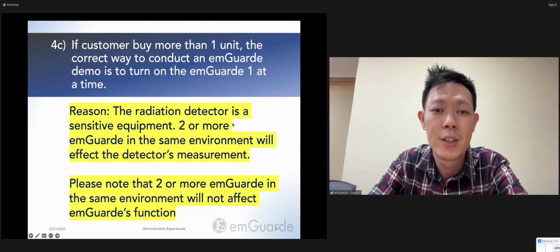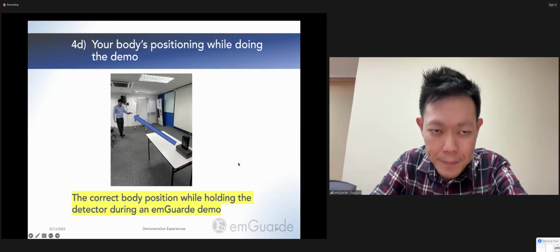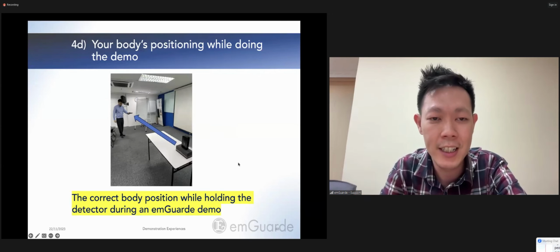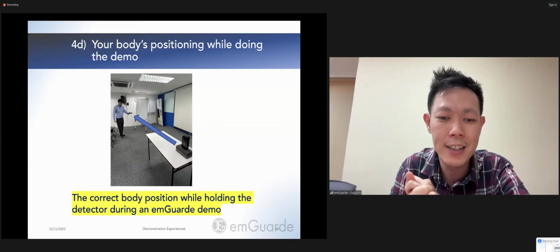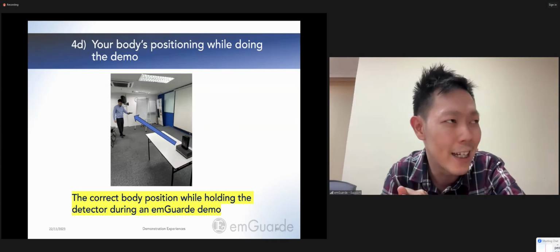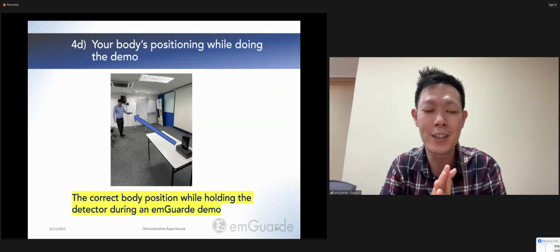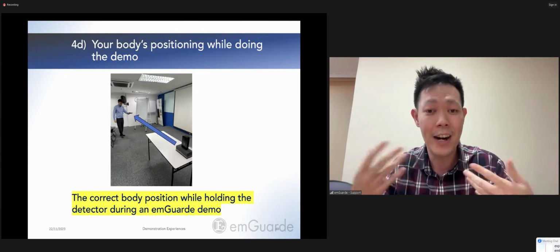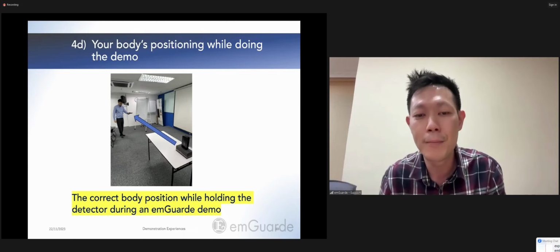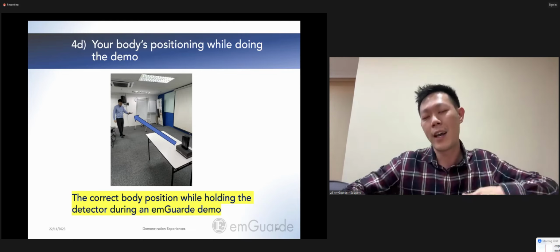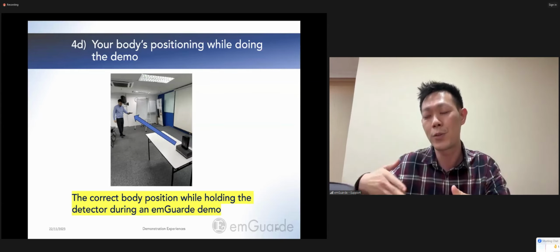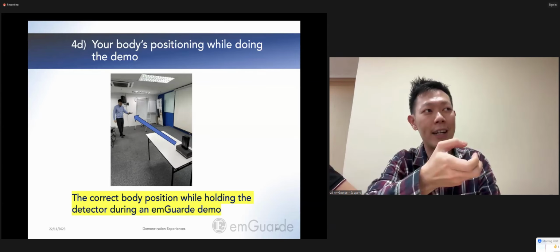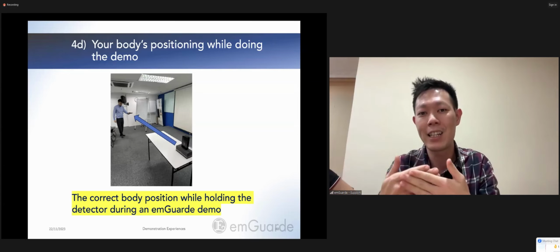Okay, so the next one is your body positioning. I don't know whether you guys have heard about something called grounding. Every human body absorbs certain types of electrostatic. Sometimes when we open up the door, we get a static shock.